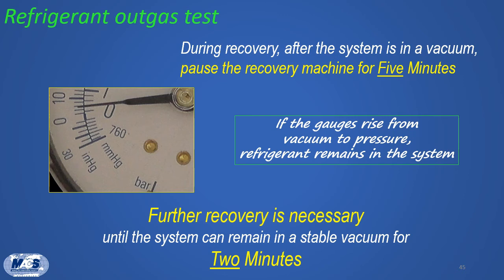So you'll turn the recovery machine back on again, and you'll pull it back down into a vacuum, and then pause again for 5 more minutes. And if necessary, you may have to perform this procedure over and over again until the system can remain in a stable vacuum for 2 minutes.